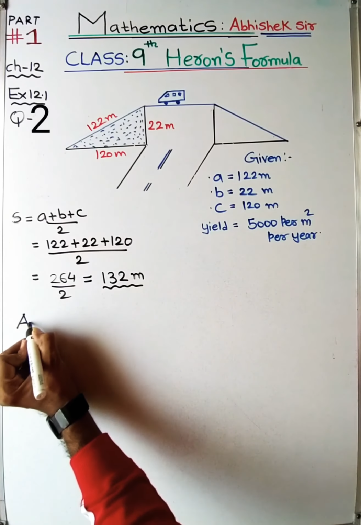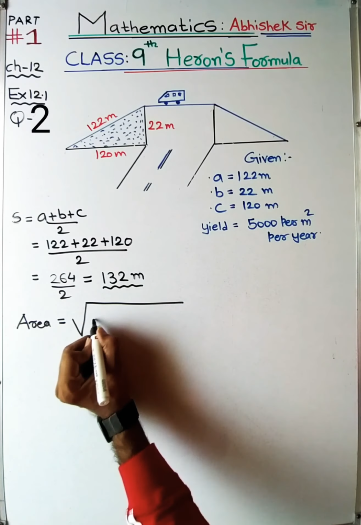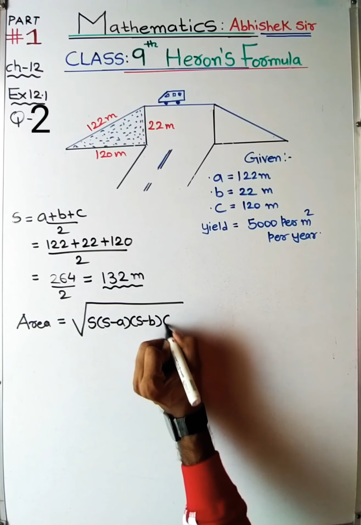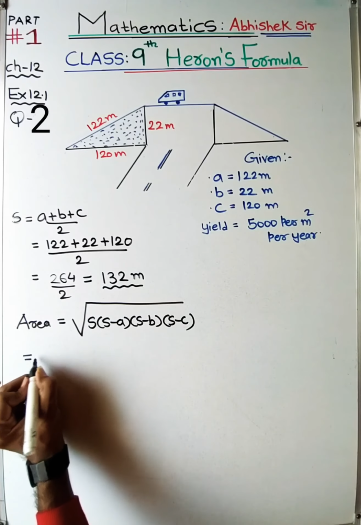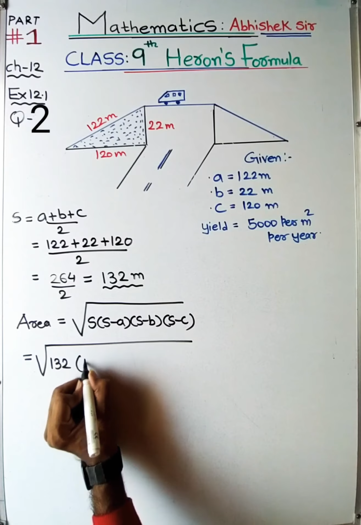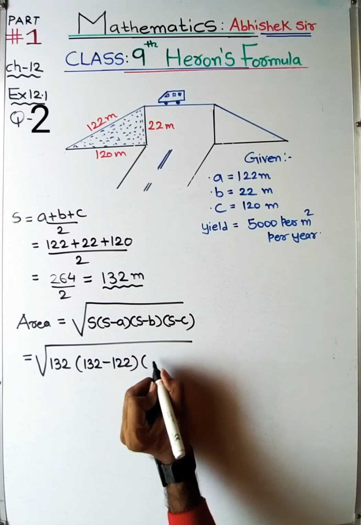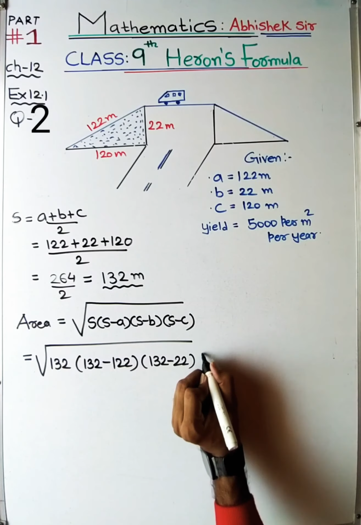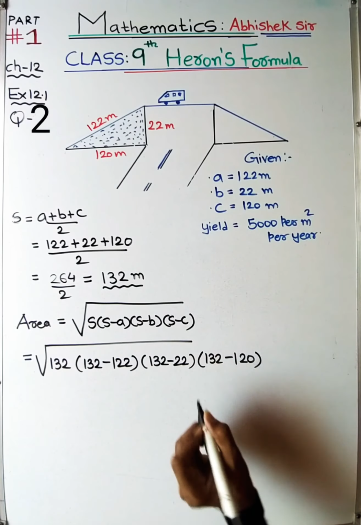So area equals root of S into S minus A, S minus B, S minus C. Clear? Putting all the values, 132 into 132 minus 122 into 132 minus 22 and 132 minus 120.